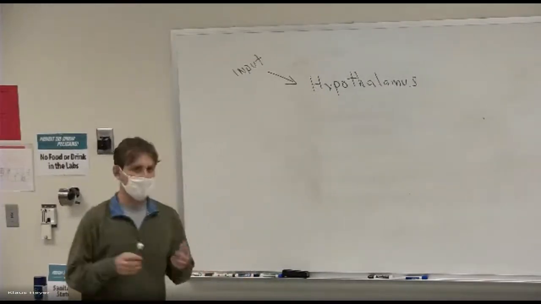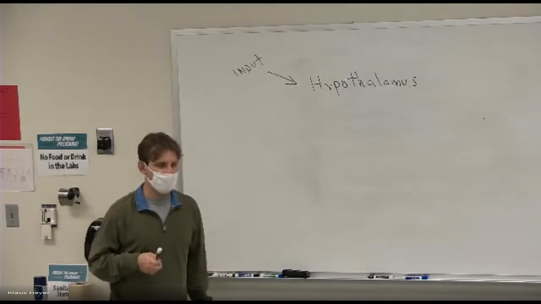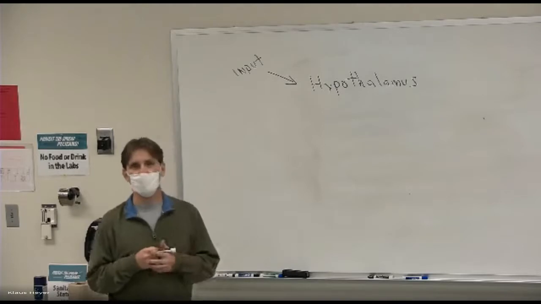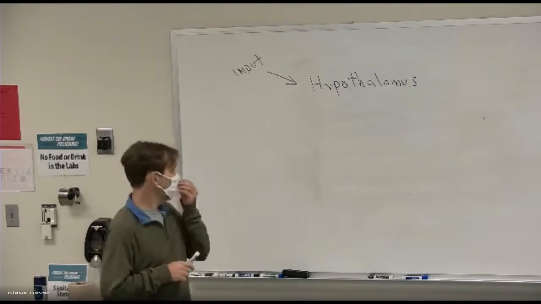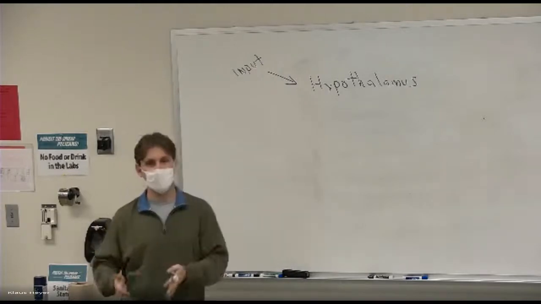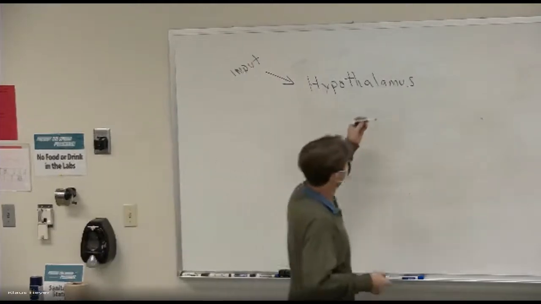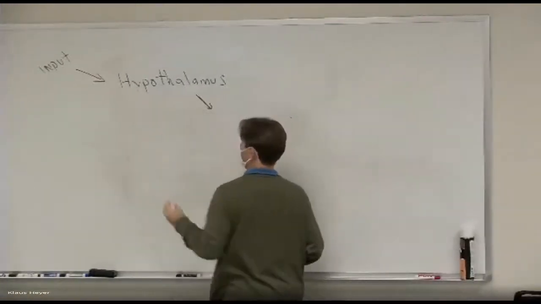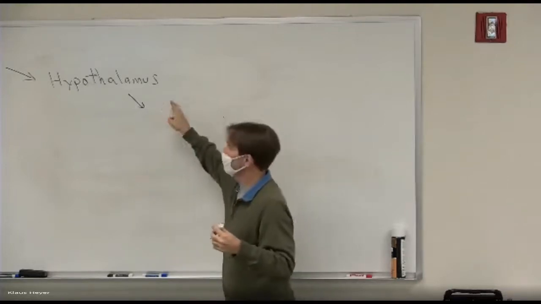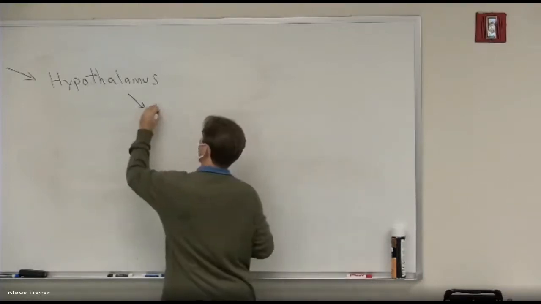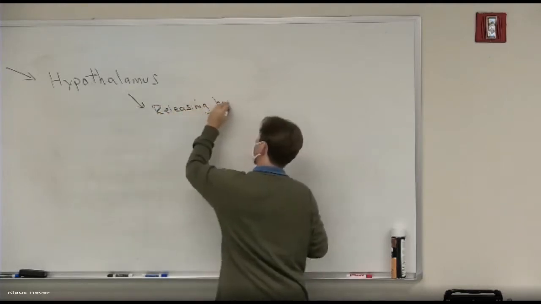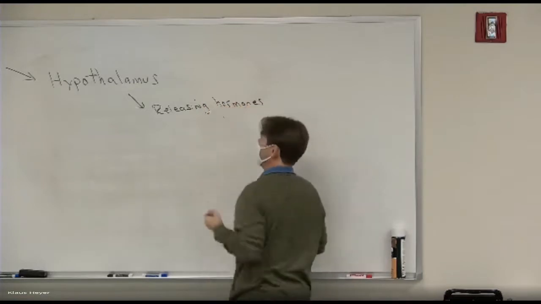So here we're talking about chemicals. Ultimately, the hypothalamus controls a lot of chemicals that are released by your body. It controls it by controlling another gland. So it receives input and it has an output, it releases a chemical in response, and those are releasing hormones.